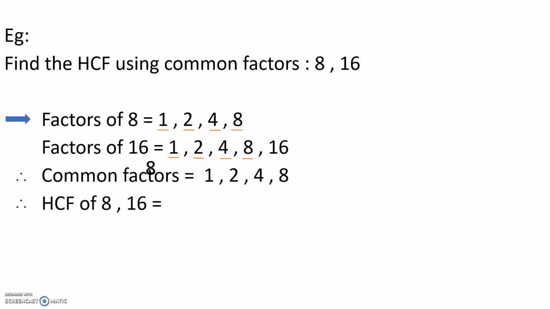Yes, you are right. It is 8. As I have already told you, the highest number in the common factors will be your HCF. Let's move on to find HCF using prime factorization.